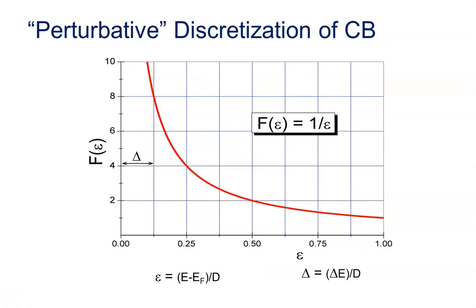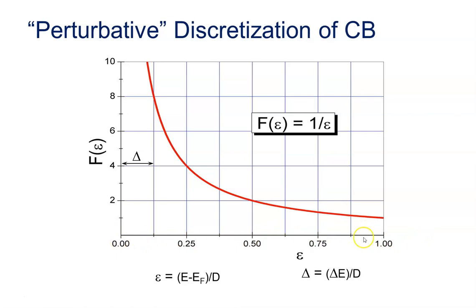Let's try to calculate the integral of 1 over epsilon on a grid of, say, size delta. All right, so essentially I'm going to calculate this integral from, say, 0 to 1.